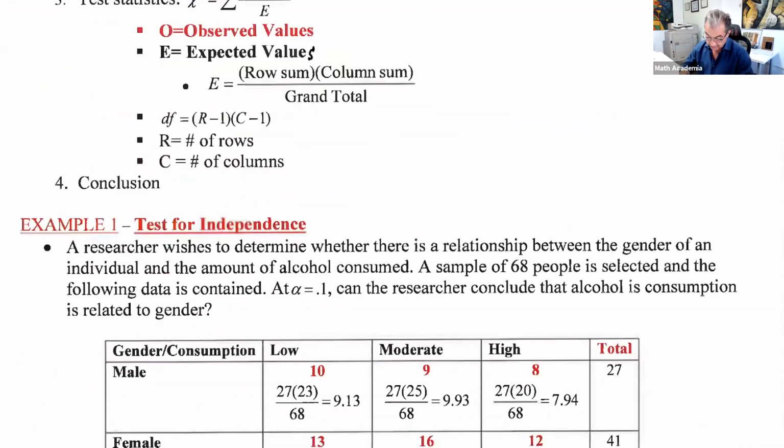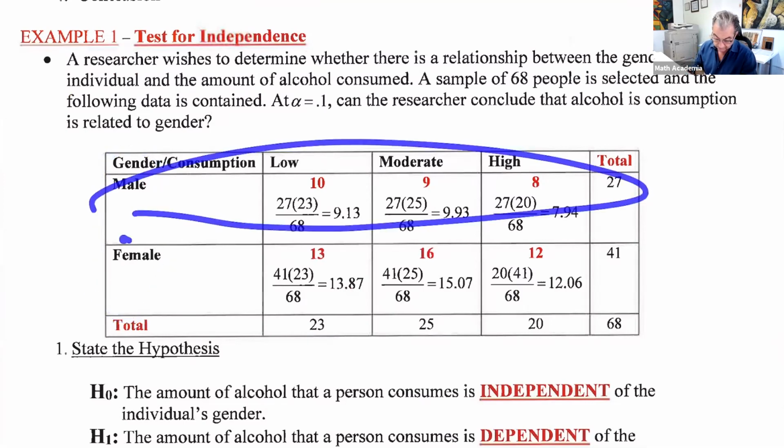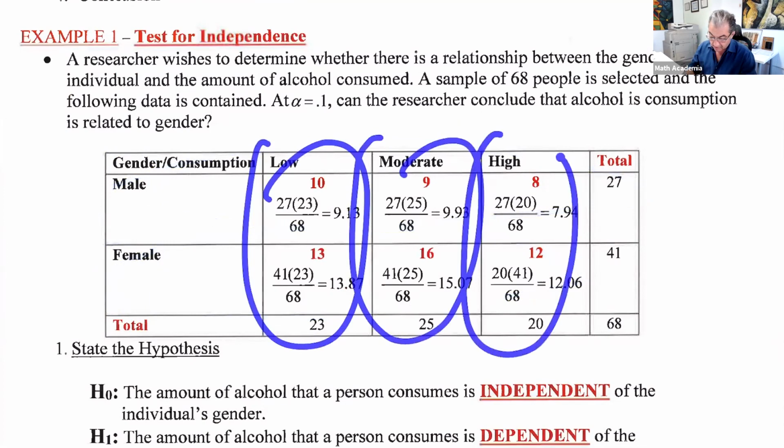A contingency table, it's a two-way table. We did see this in the beginning of the semester when we were doing probability. We have seen this with probability applications. So here, two-way tables, that means we have the rows and we have the columns.